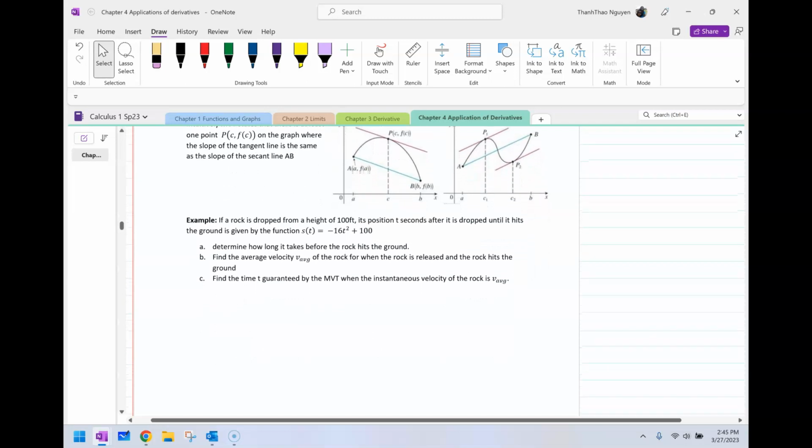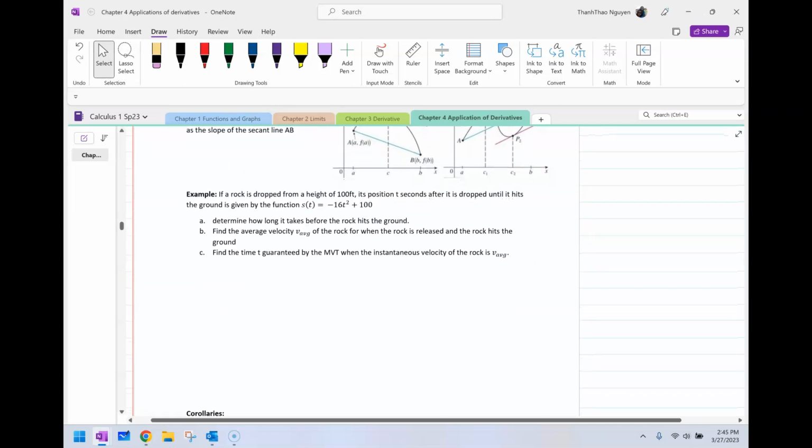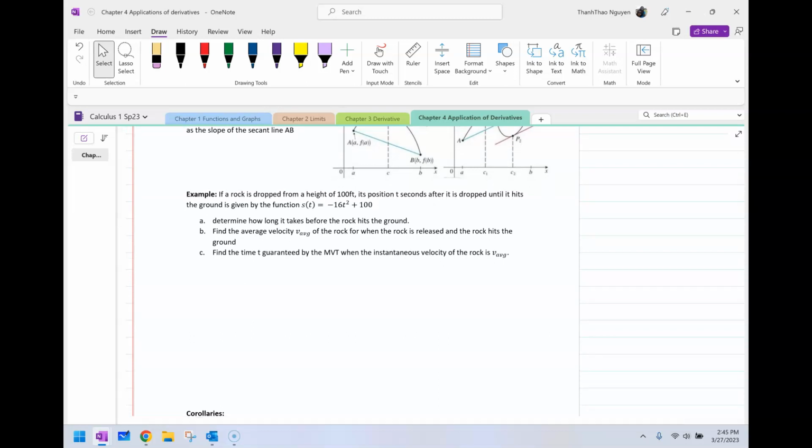So let's take a look at this first example. If a rock is dropped from a height of 100 feet, its position t seconds after its drop until it hits the ground is given by the function s of t equals negative 16t squared plus 100.